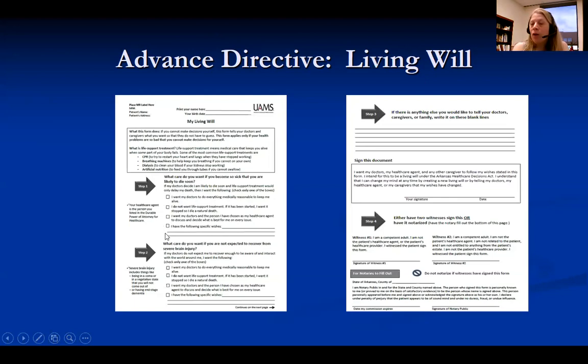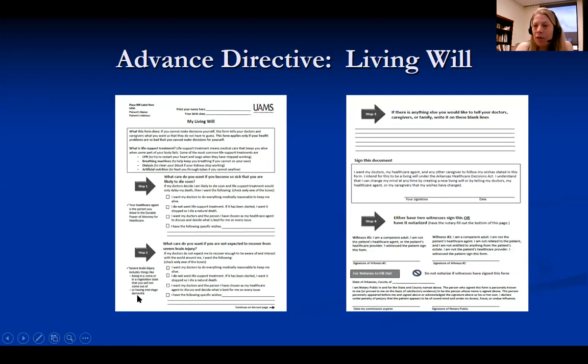Some patients will write in here, under no circumstances would I want a feeding tube. So anything that the patient wants to write, they certainly can. I can tell you if a patient is really unsure about which box to check, I always recommend that they check this 3rd box, right? Because that's the one that has a lot of latitude. The second situation, what would you do if you're not expected to recover from a severe brain injury?